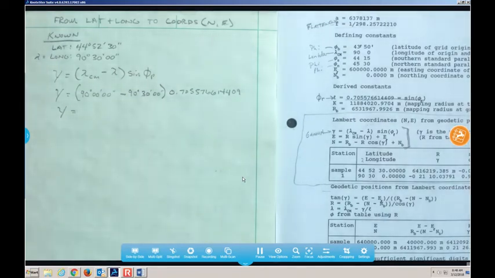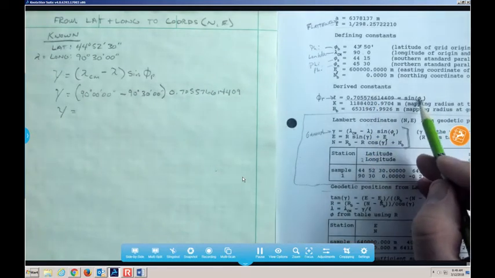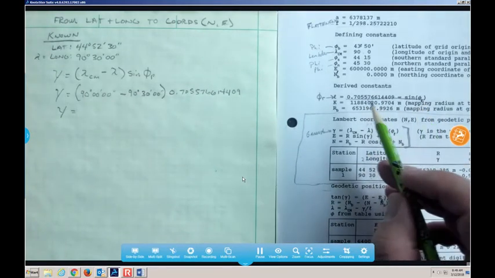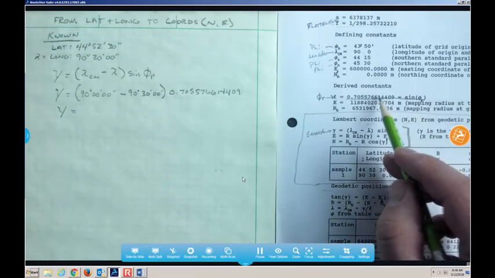No, you don't have to sign it at all. It's equal to that. That number is the constant. That's what it's saying: 0.7055766 is the sine of phi r. That's what the answer is if you take the sine of phi.